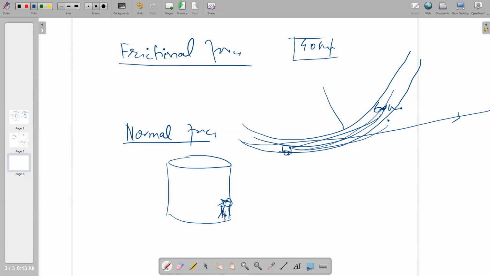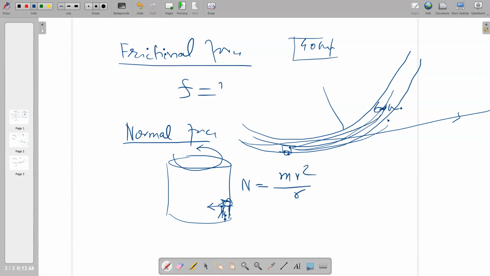So when it is rotating, he is pressing this wall in this direction, and the normal reaction will be in this way. So in this case, the normal force is providing the centripetal force.